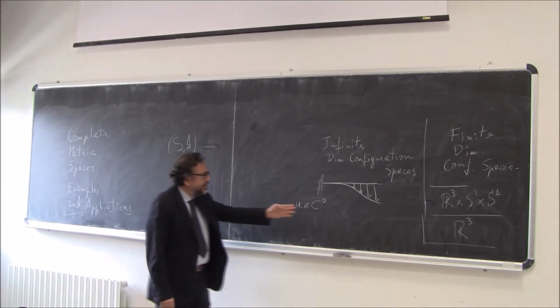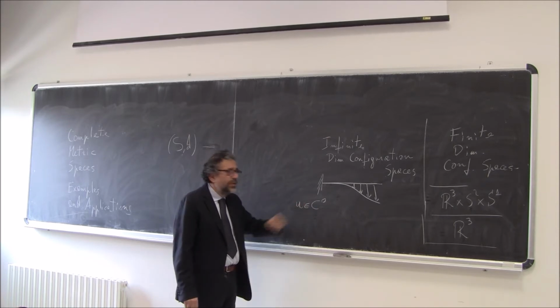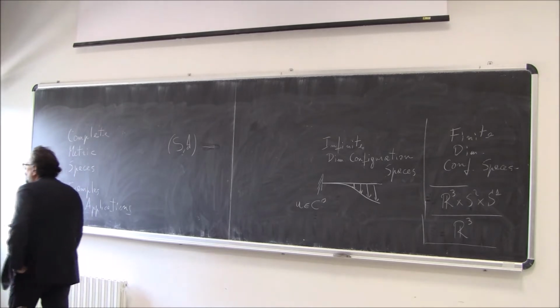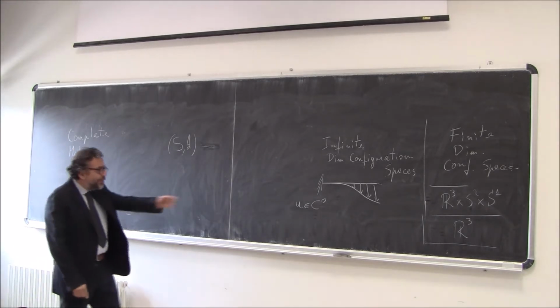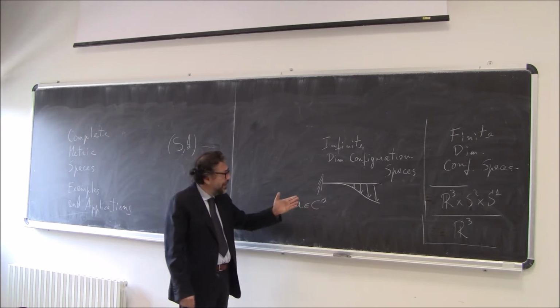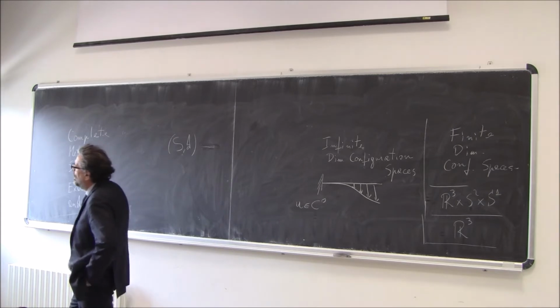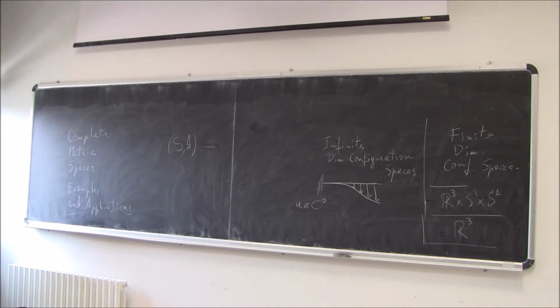C0 is a vector space: you can add 2 C0 functions, you get another C0 function. You can multiply a C0 function times a scalar, you get another C0 function. You have the opposite of any C0 function. You have a 0 C0 function. So this is a vector space, verifying all axioms defining a vector space.